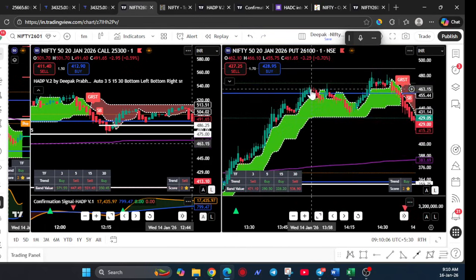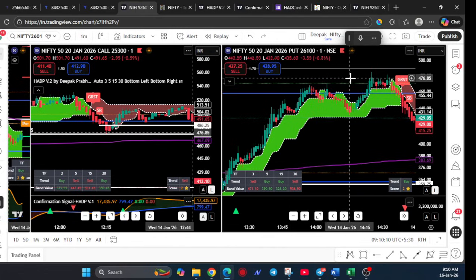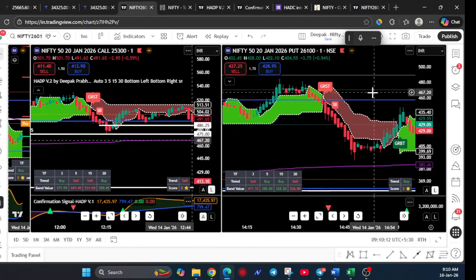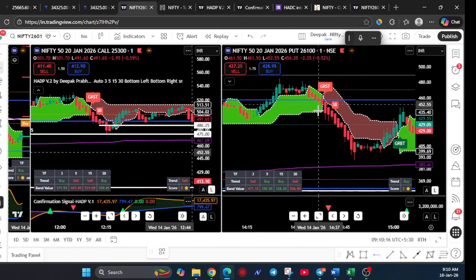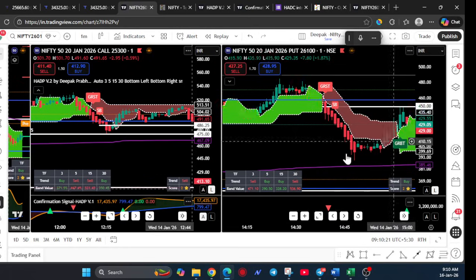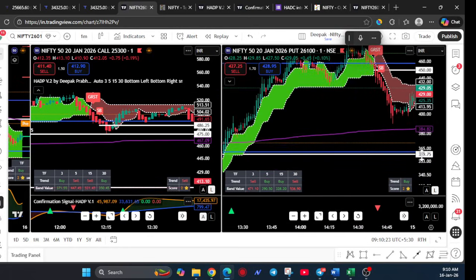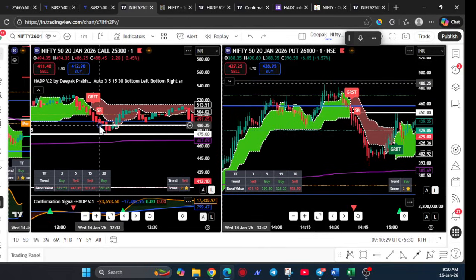It went and hit 466, came back into the band. GSRT was not printed, it got printed here only, first time. So the moment GRST gets printed and its low breaks, you exit. So at 450 you would have exited. So where is your entry? At 360 to 450.